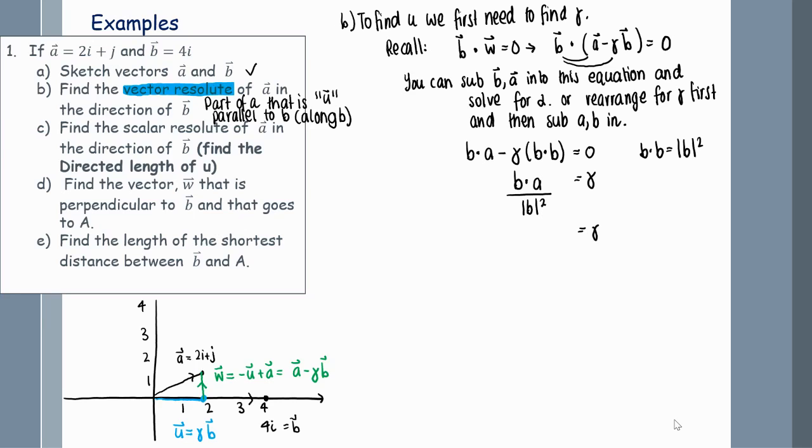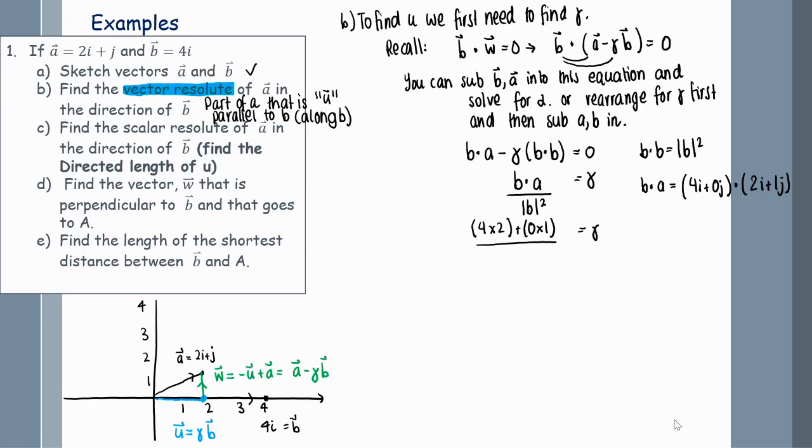All right, all we have to do now is find out what B dotted with A is. This is the same as A dotted with B, and we've got to find out what the length of B squared is. B dot A, well, that's just 4i plus 0j. I always write in the 0 if there's no j or i component. That's going to be dotted with 2i plus 1j.